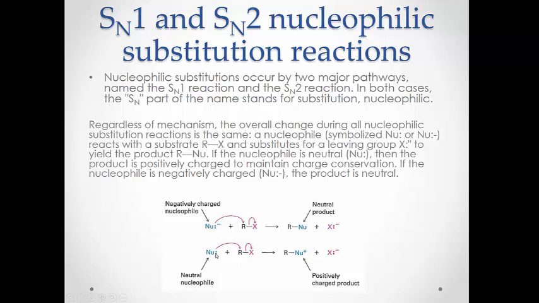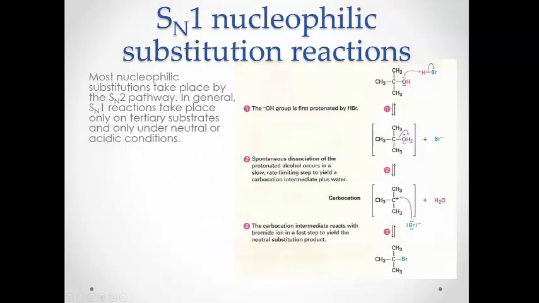So we've got these two electrons making a bond to the R again, these two electrons moving onto the X. So this nucleophile has a positive charge now because it's got an extra bond going to it, and we've got this X minus product.